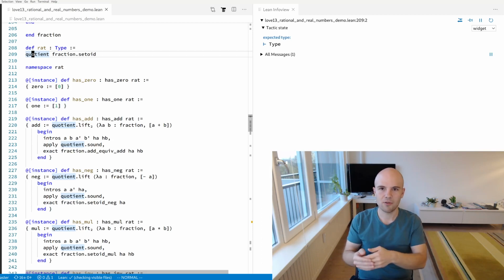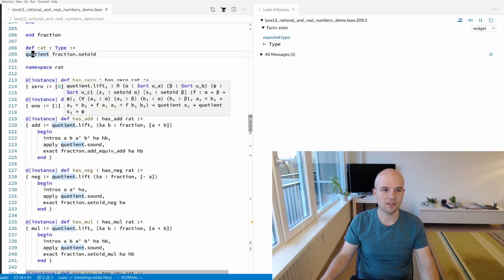For binary operations like addition and the unary operation like negation, we need to prove that they respect the equivalence relation, but we've also proved this on the fractions. So defining the operations on the quotient is now very easy.